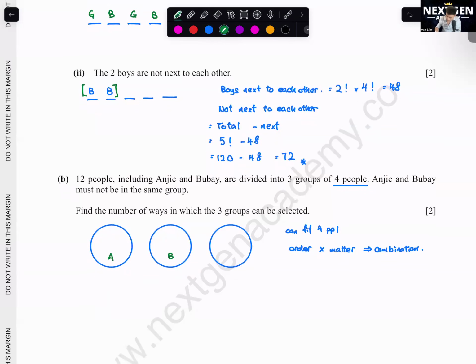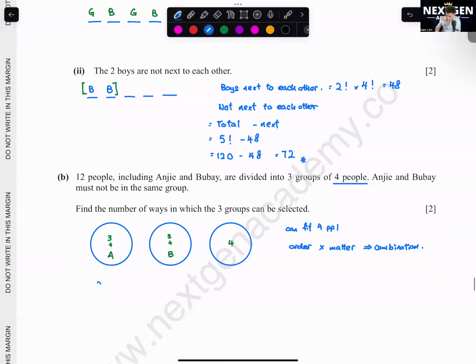So we can take 3 plus A, 3 plus B, then this one 4 people. A and B we cannot touch already. Since two of them are already fixed in this group, we don't include them in how we choose them. We only start with 10 people, because we start with 12 minus 2 equals 10, as we exclude Anje and Babe.